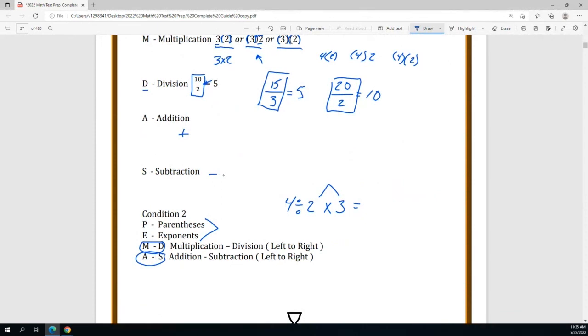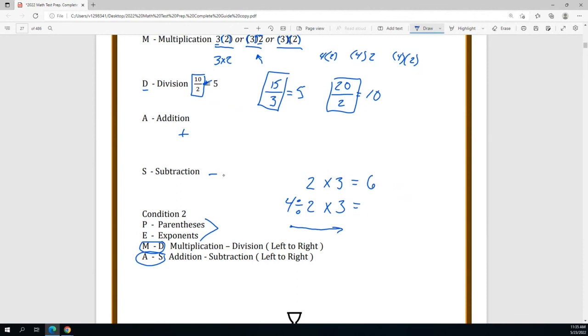And I would say, no. The rule is that when multiplication and division are together, for instance in this math problem, you go with whatever is first, meaning left, as we read a sentence. 4 divided by 2 would be completed first, then move to the right. 4 divided by 2 is 2, and then 2 times 3 is 6.